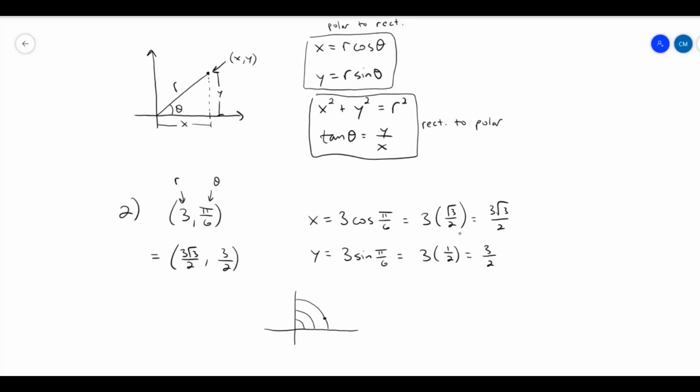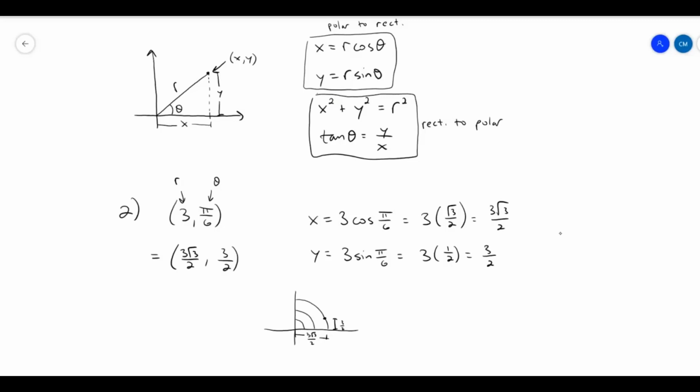You have to go further on the x, so this would be 3 root 3 over 2 on the x to get out to that point, and then you'd only have to go up 1.5. But it is the same point, right? Whether you put it as rectangular or polar, it's the same point. It just depends on which coordinate system you're looking at. Okay, so there's that one.